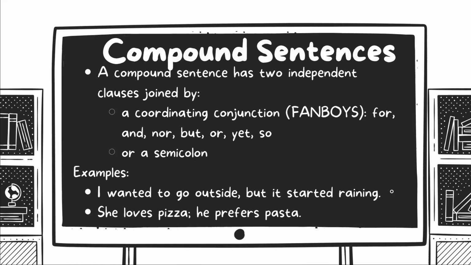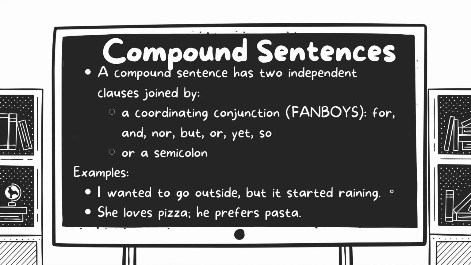Now entering the grammar arena, the compound sentence. This sentence has two independent clauses. That means two complete ideas, and they team up using fanboys. Like, I was sleepy, but I finished my homework. She likes coffee, and he likes tea. It's like two simple sentences holding hands across a bridge of grammar love.